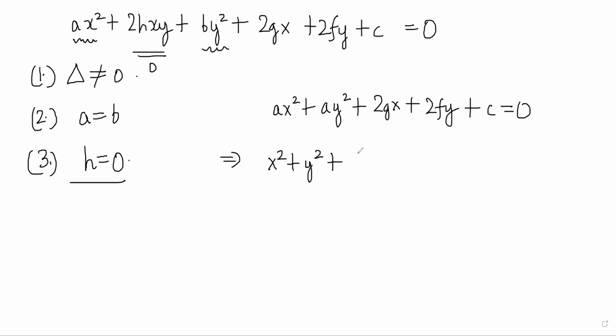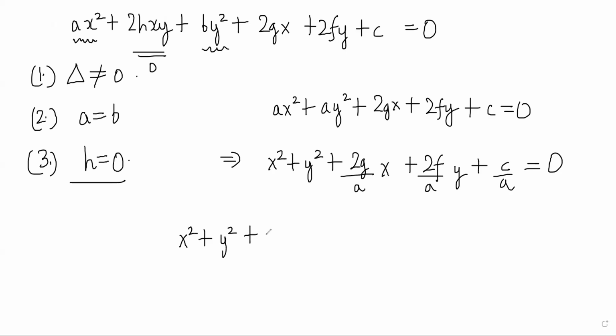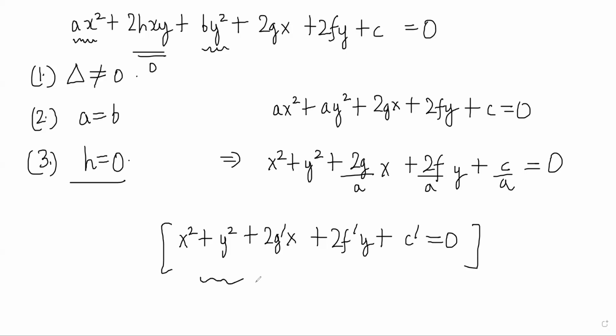And we can write this like this: 2g by a x plus 2f by a y plus c by a is equal to 0. And basically, this becomes your standard circle equation. So it is x square plus y square plus 2g dash x plus 2f dash y plus c dash equals 0. This is the equation of a circle in the standard form, right?